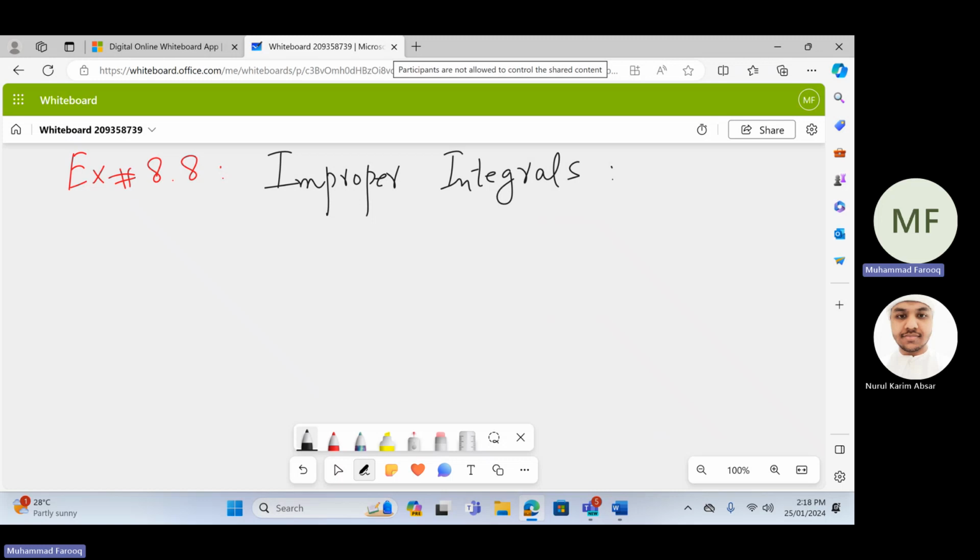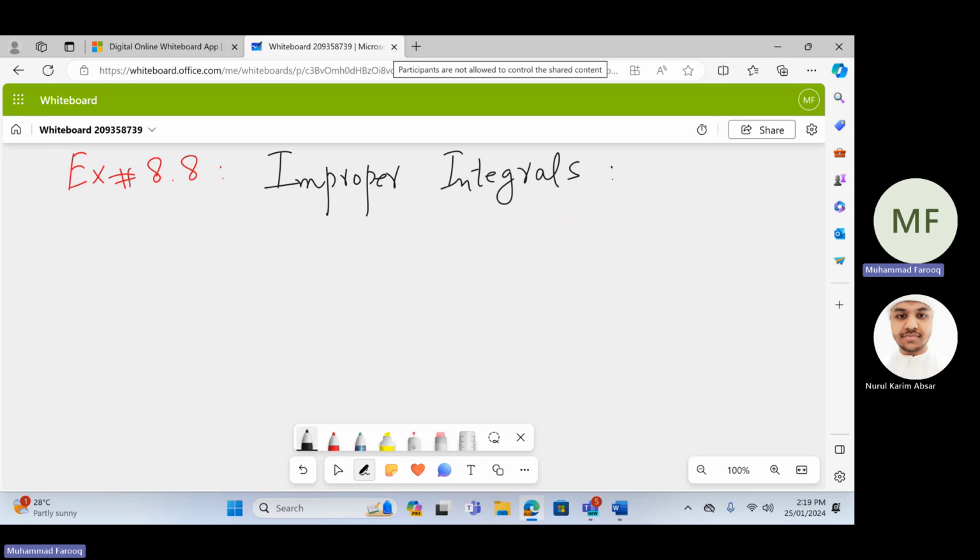Which integrals are called improper? No idea? What does an improper integral look like? Maybe the limit from like 0 to 3.